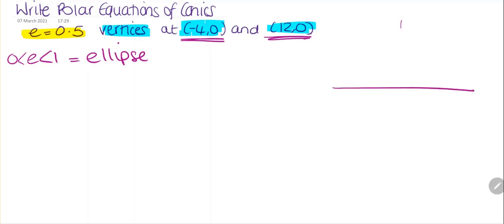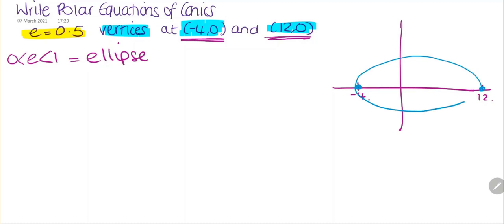So if we were to sketch these, -4 would be here and 12 would be here. So here are our points, and our ellipse is going to look something like this. So the focus is at the center. We need to find the midpoint.